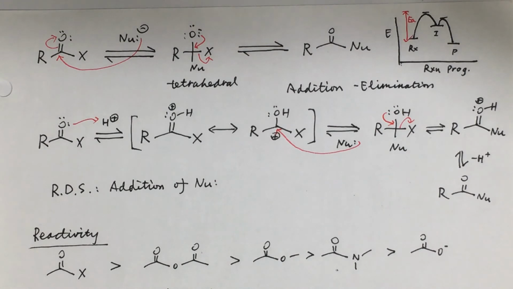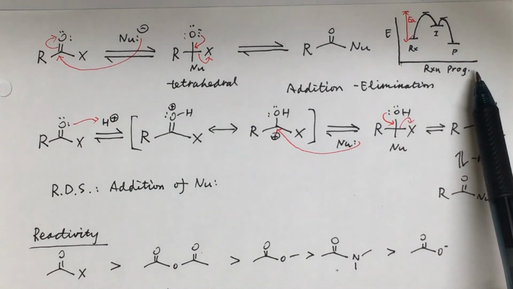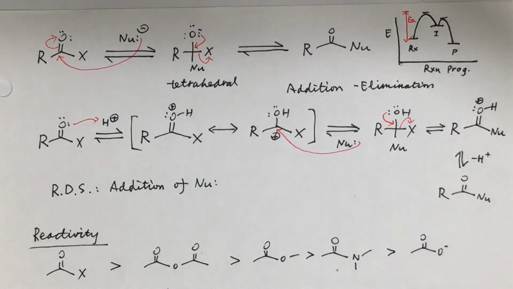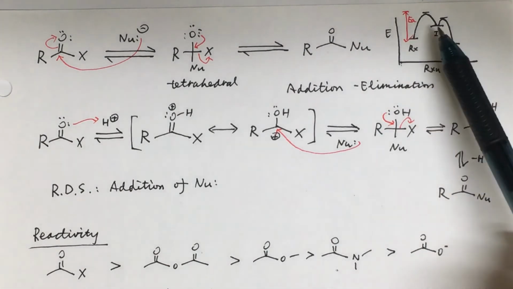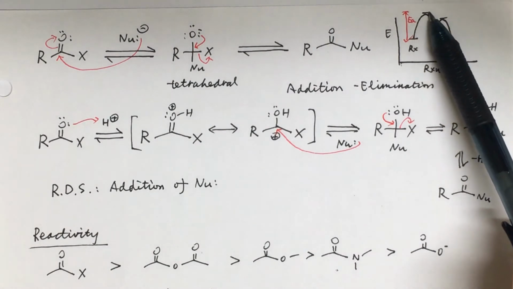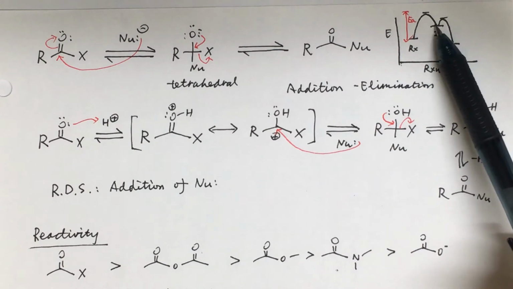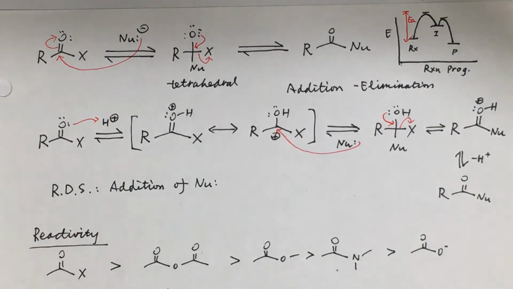Generally speaking, if we are looking at a general energy diagram, we can write the potential energy as the y-axis and reaction progress as the x-axis. Okay, so many nucleophilic acyl substitution reactions start with the reactants, going through a high energy transition state, generating a reaction intermediate, followed by a lower energy barrier and essentially generating the product.